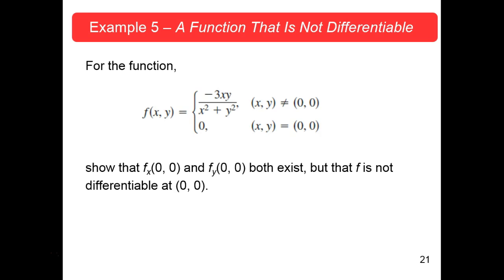Now, the question is this function, I'll show that f sub x exists there, f sub y exists there, but f is not differentiable there. Now, I can almost see why, but they say they both do exist there. So let's do the calculation and see if they do exist there.